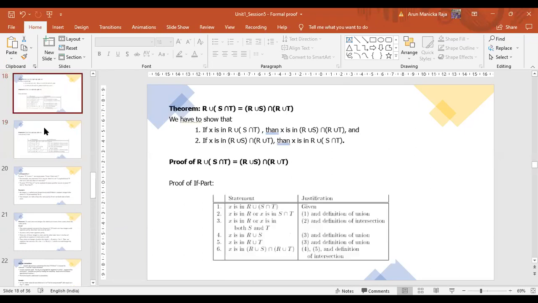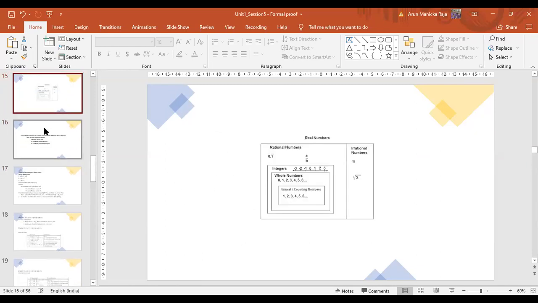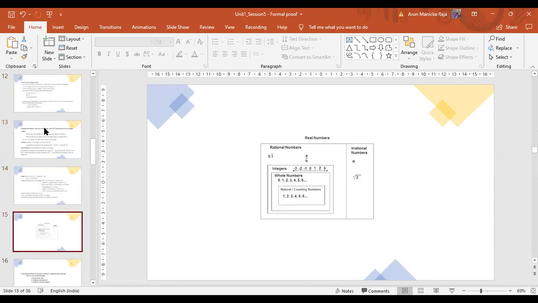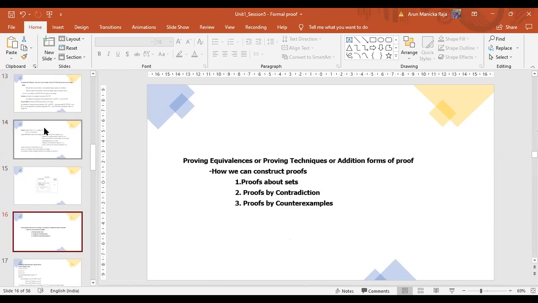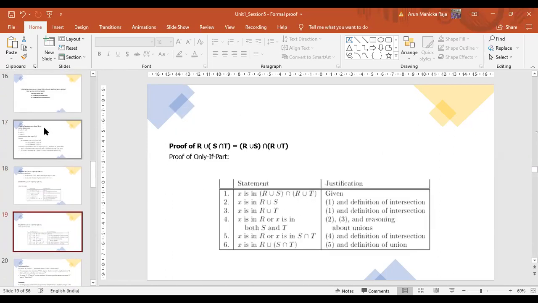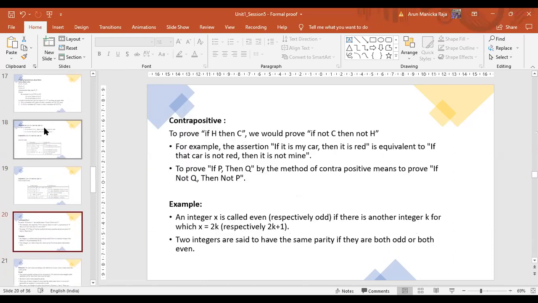Students, tell me, in the last class what we discussed about proofs and methods used to prove a particular theorem, right? And we saw some of the theorems.